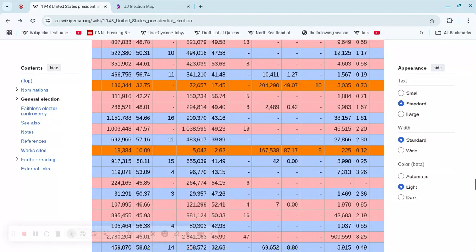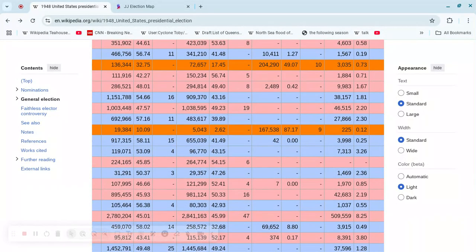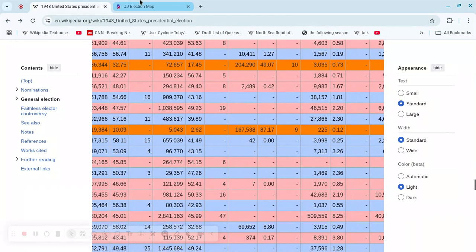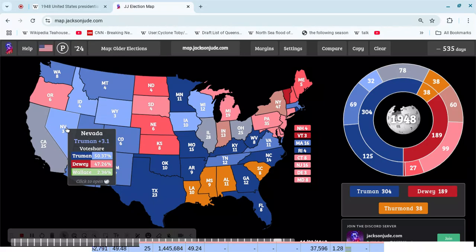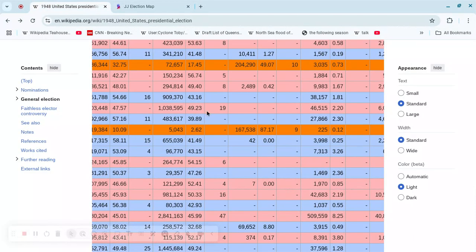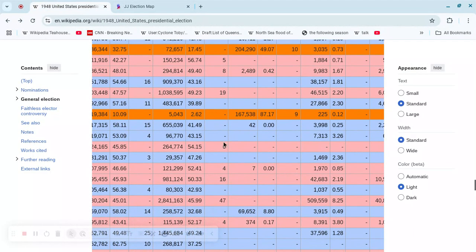Minnesota, this state probably shouldn't even matter at this point because, again, we're trying to get Dewey to 270 and seeing what he needs to do to get there. Nevada, where it does matter, Truman's 3.1% now turns into 5.5% when you add in that vote.